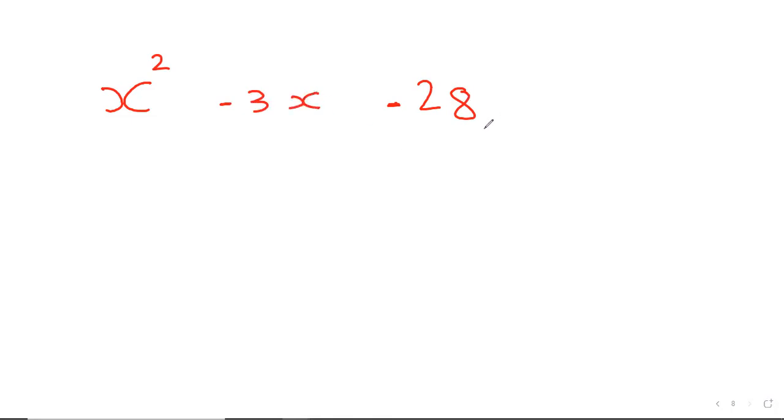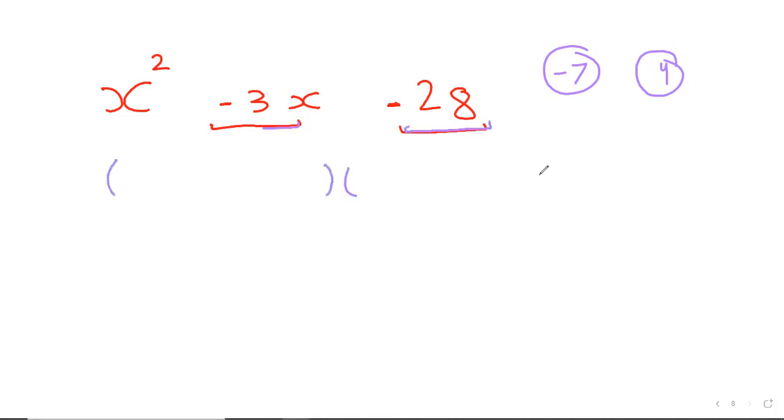Okay, two numbers, their product negative 28 and their sum negative 3. They are negative 7 and 4. Negative 7 times 4 is negative 28, and negative 7 plus 4 is negative 3. So we can factorize it.